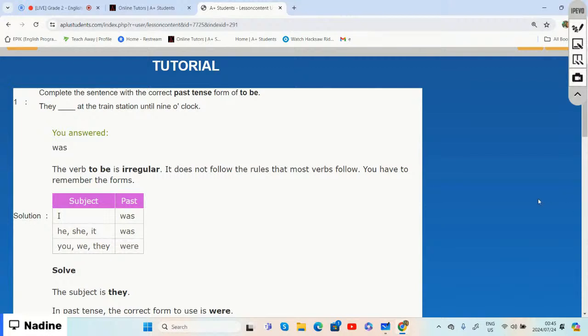All right. So when it comes to the irregular past tense, and we made mention of our subject, which is I, and our past tense, which is our irregular verb, then it's either was or were, depending on if you're using it for a singular person or a plural person.